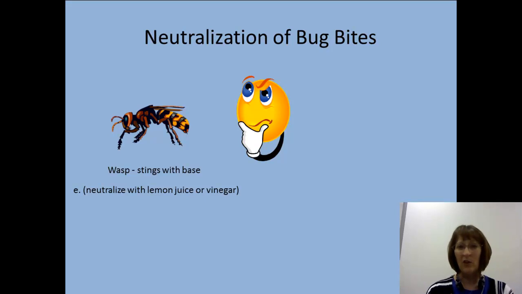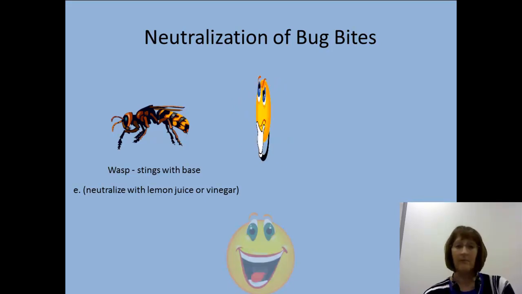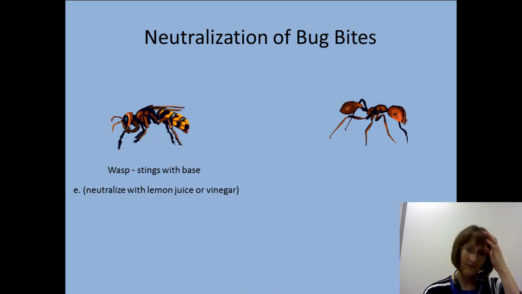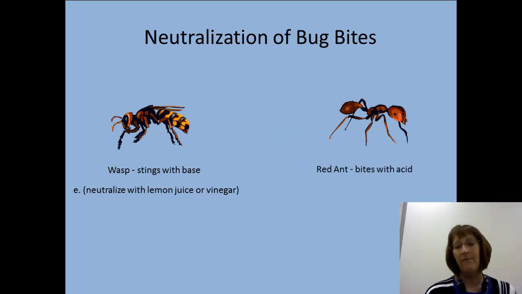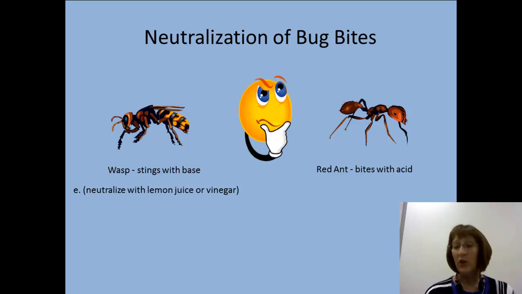If you put vinegar on something and it makes it hurt worse, get it off there. Red ant bites are acidic, and in order to neutralize them, you're going to have to put some kind of base on it. So a lot of times they'll say make a paste out of baking soda and put that on there, and that'll make it feel a little bit better.